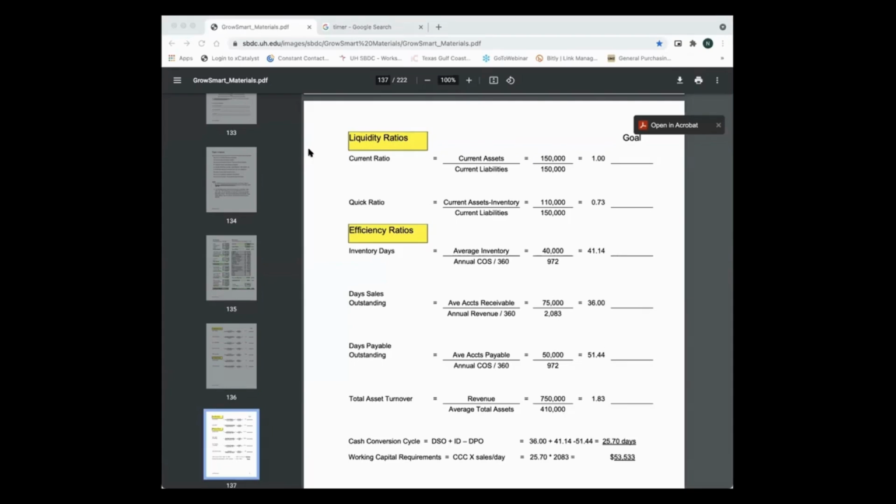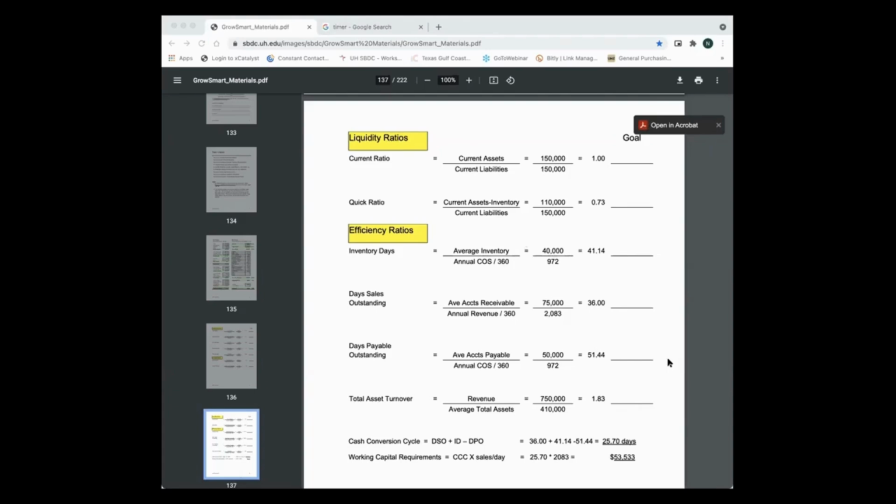So in this case, we get 75,000 receivables divided by average daily revenue, 2,083, and we get days sales outstanding of 36 days. This is telling us on average, how fast are we collecting our receivables? How fast are we collecting the money that is owed to us by our customers? And in this case, we're collecting our receivables about every 36 days.